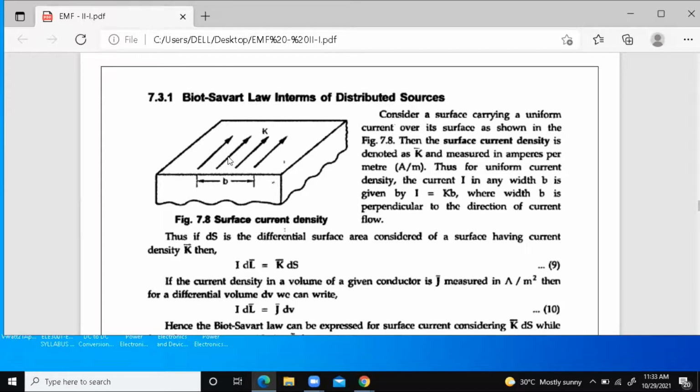If one amp is going through per meter and we have 4 meters, then it's 4. So I equals the current density, 1 per meter, times the distance, which is 4. So I equals K b.